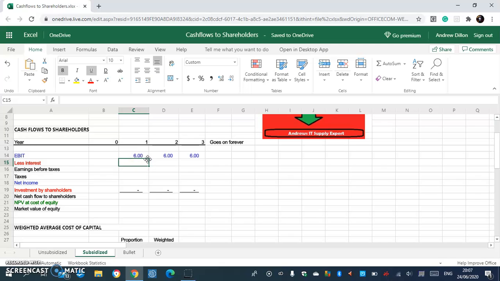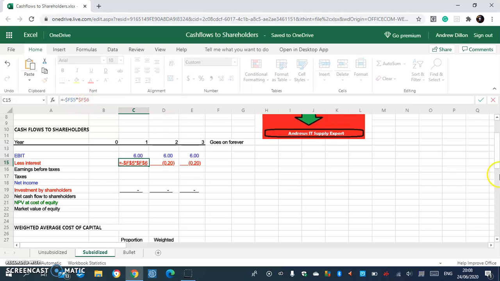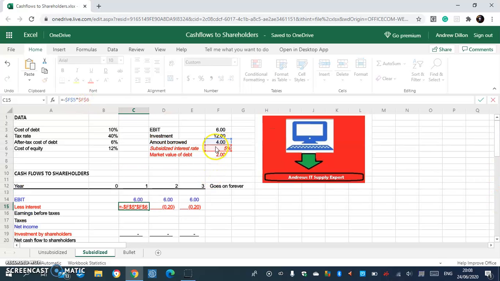Okay, now let's calculate the less interest. That's correct. So amount borrowed multiplied by subsidized interest rate of 5%.